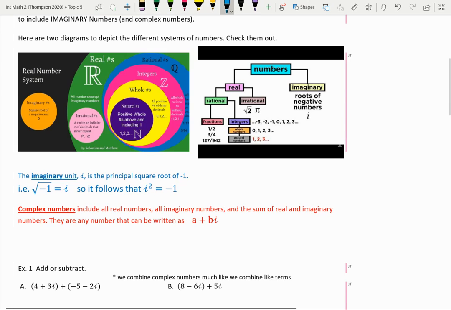Here I have it written in this script writing. It's very often written like this, italicized. You'll see it if you look at the diagram on the right, how that's written there. That's the i symbol.